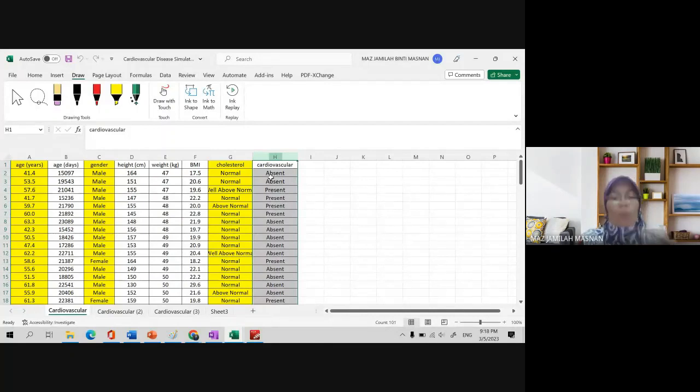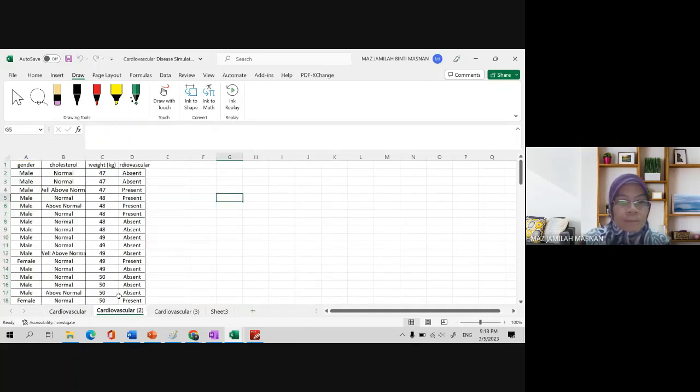Now, which variables are you going to choose for your assignment? As I mentioned, you have to have two qualitative and one quantitative. So if I were to choose, for the qualitative I choose gender and cholesterol level. Because gender, you got two groups. Cholesterol level, we got three groups.